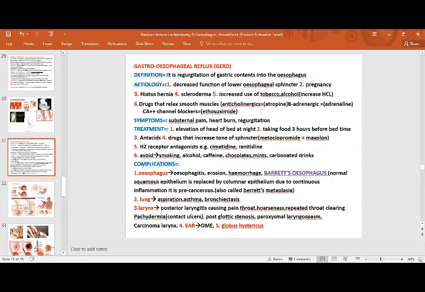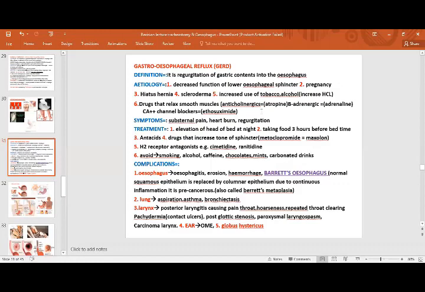Now, GERD, that is gastroesophageal reflux. This condition is routinely present in our patients nowadays due to our lifestyle, late dinners, and a lot of spicy or oily foods we take during late night meals. Most of the patients present with GERD, and this condition later on affects our larynx also.